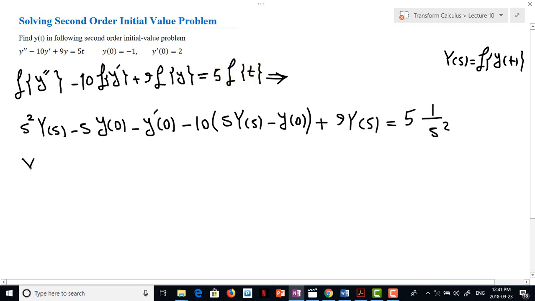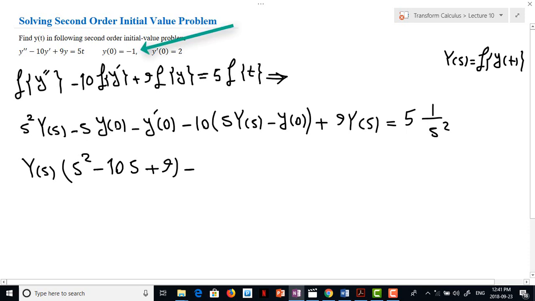So now I factor out Y(s). What we have here is s squared times Y(s) minus 10s Y(s) plus 9 Y(s), minus what's y at t equal to 0? Y at t equal to 0 is minus 1.